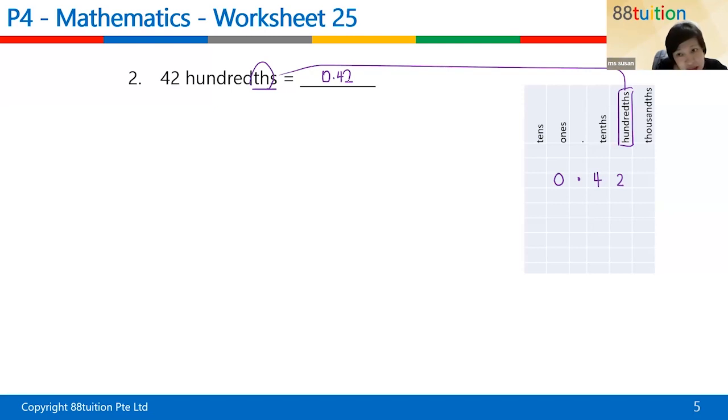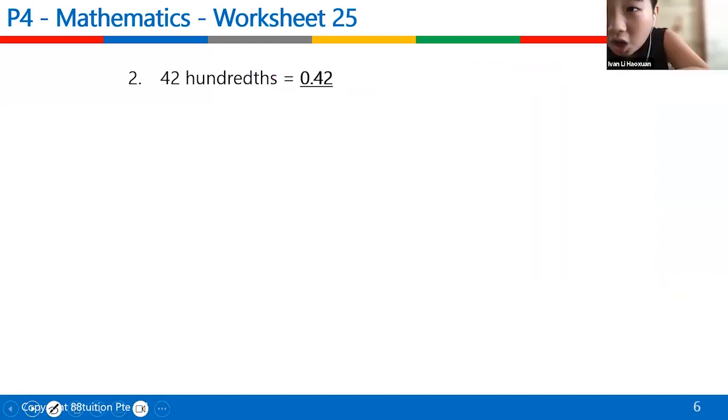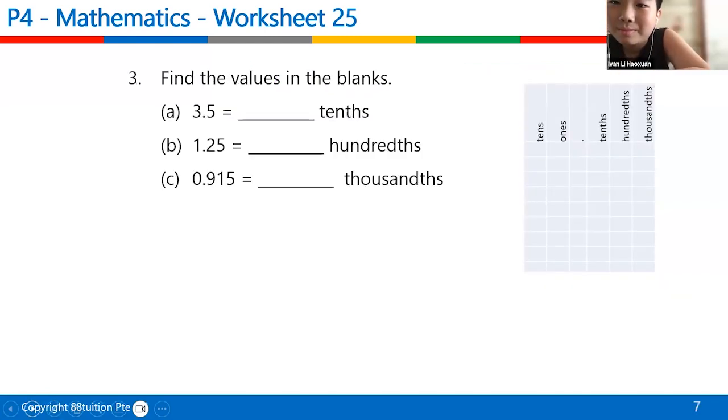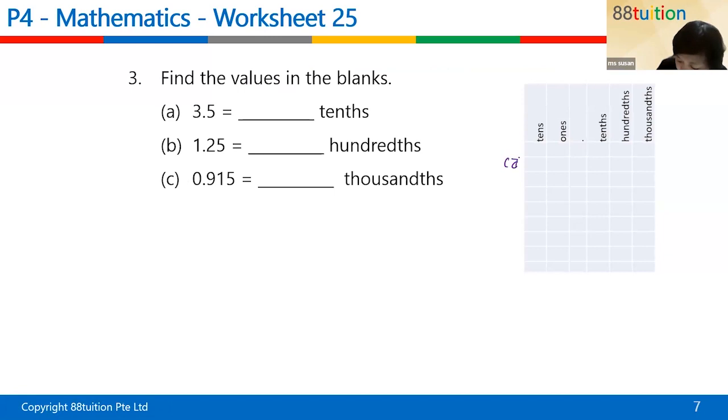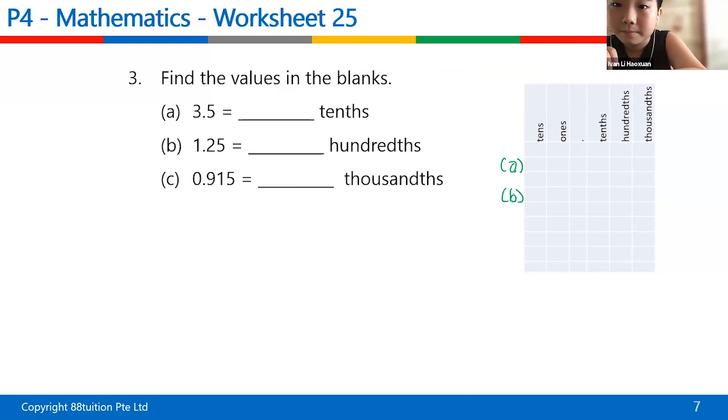Okay, I want everyone to respond. Question number 3. We have 3 here. I want you to do A. Those who haven't started, do A, B, C. Be a quick one.